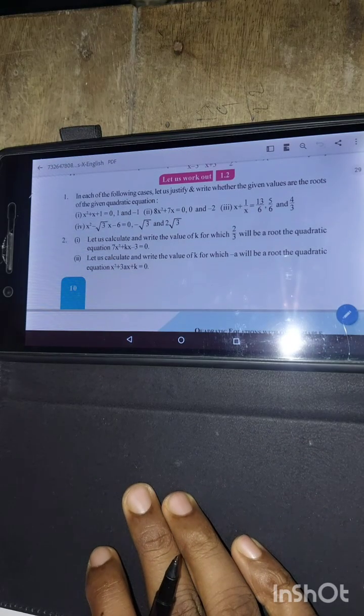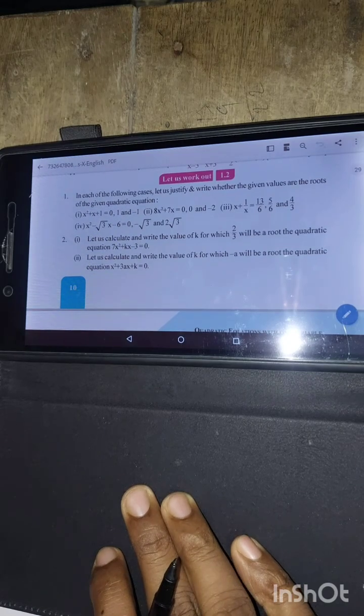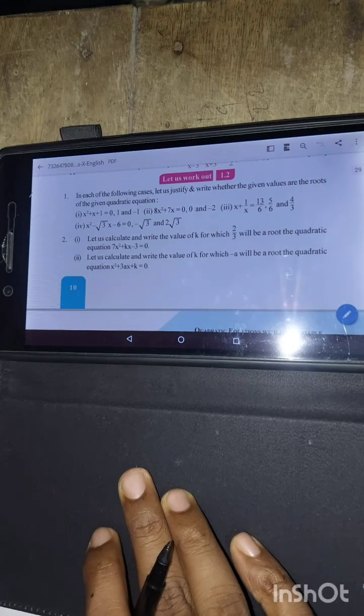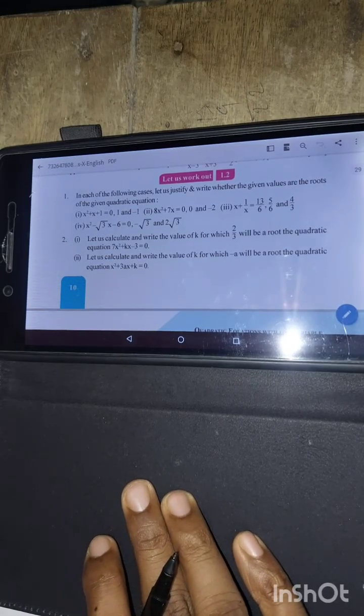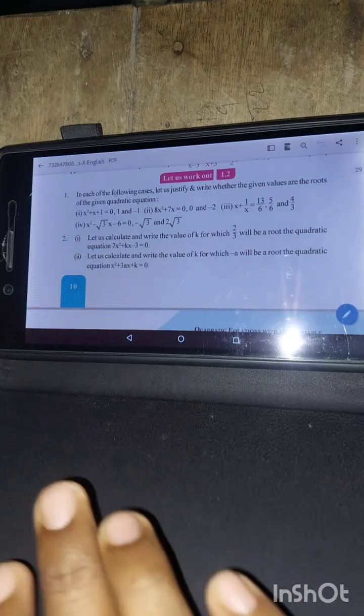Let us read question number 1. In each of the following cases, let us justify and write whether the given values are the roots of the given quadratic equation. We have to verify whether these are the given roots or not. Let us check Roman number 1.